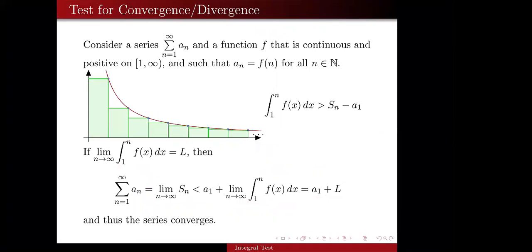Take note that your ANs here are assumed to be positive. So if you add positive numbers, the sum will be greater than or equal to 0. In fact, it's greater than 0. But what's the point? This guy here is some positive number, and it is less than some real number here, which means you will get a sum.